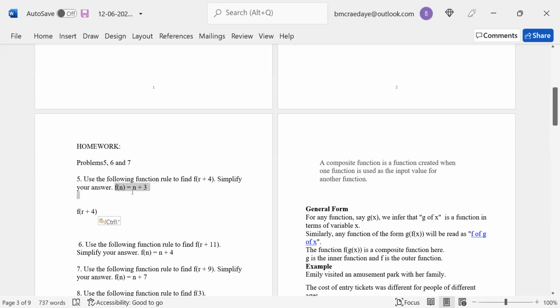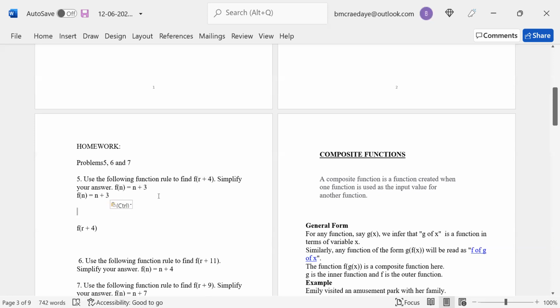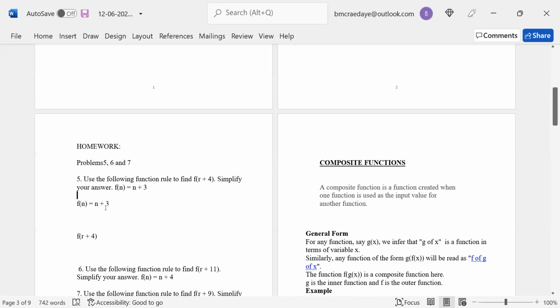So here is the function rule. Let's just copy that. f of n equals n plus 3. Now, wherever you see the n, you want to put r plus 4. I'm just getting you set up and then you can solve it.